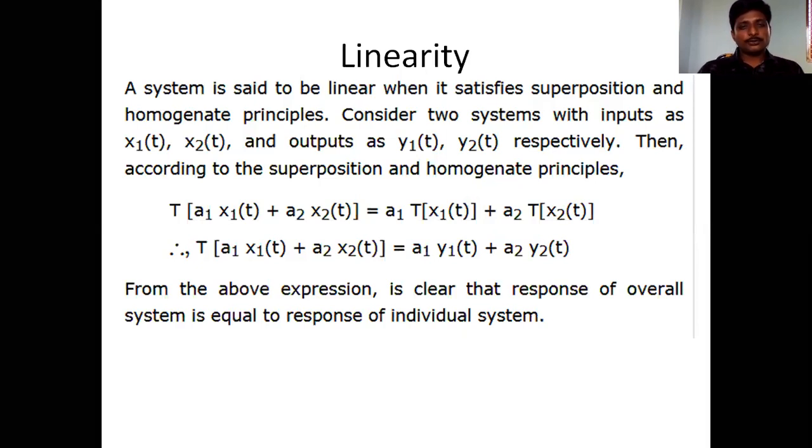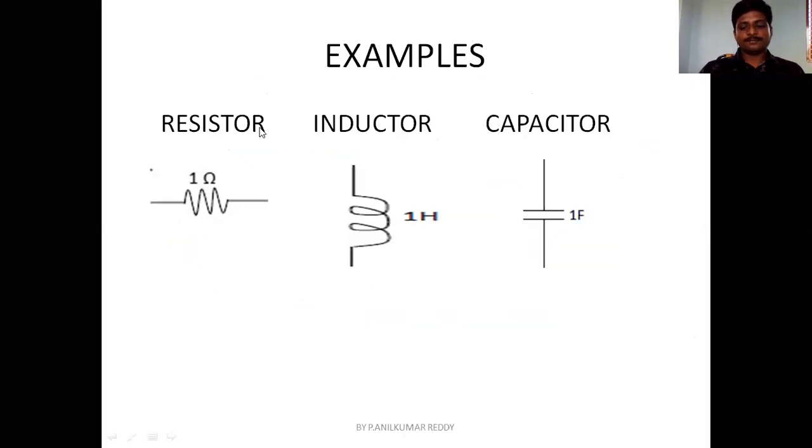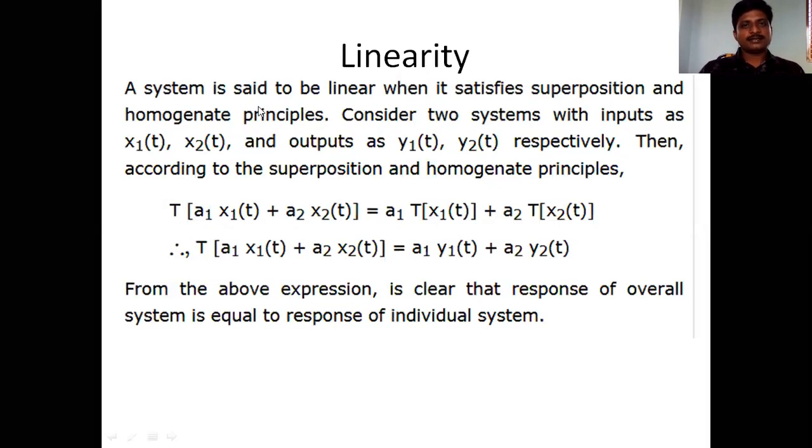Now let us look into what linearity is. Linearity means, mathematically speaking, you have to take two systems. Let us take system 1 with input x1 of t and system 2 with input x2 of t, which have outputs y1 of t and y2 of t respectively, which means if x1 is the input, y1 is the output, and if x2 is the input, y2 is the output.